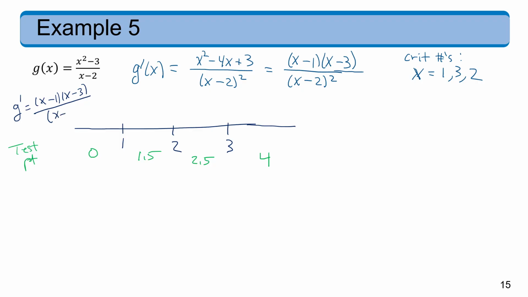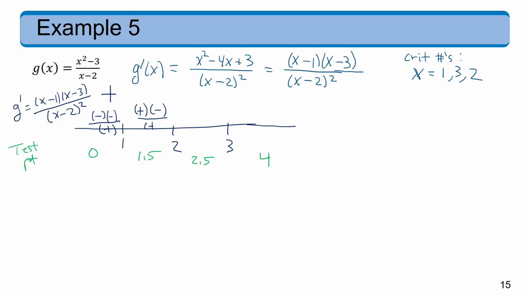Notice the denominator is squared, so that one's easy. That factor will always be positive. So when we plug in 0, in the numerator we're going to have -1 times -3, and then the denominator is always positive. So that overall result will be a positive number. When we plug in 1.5, the first factor will be positive, but then 1.5 minus 3 is negative.